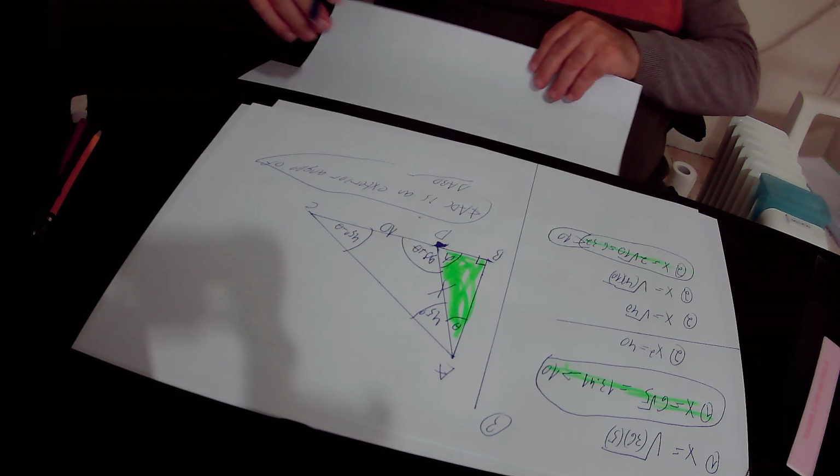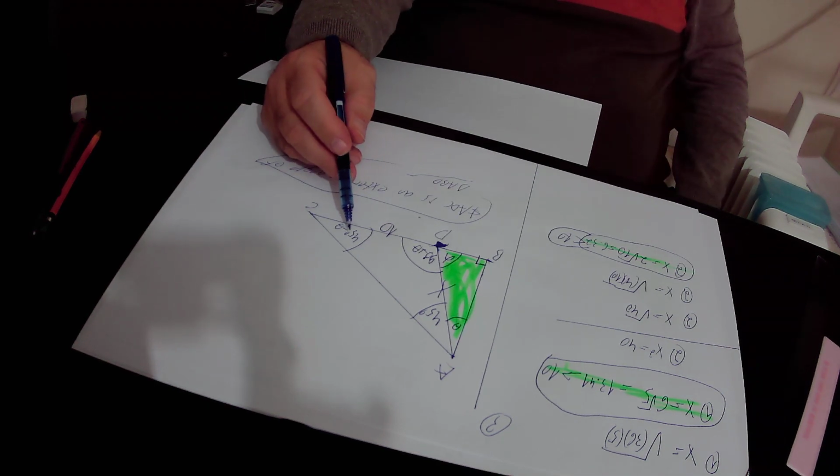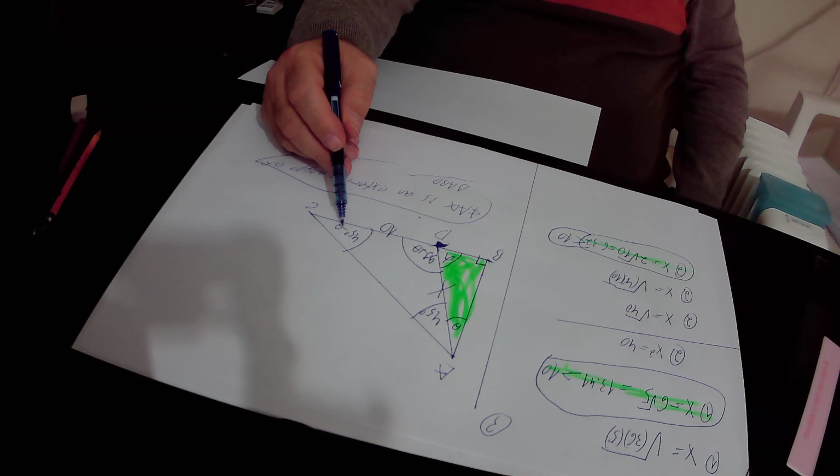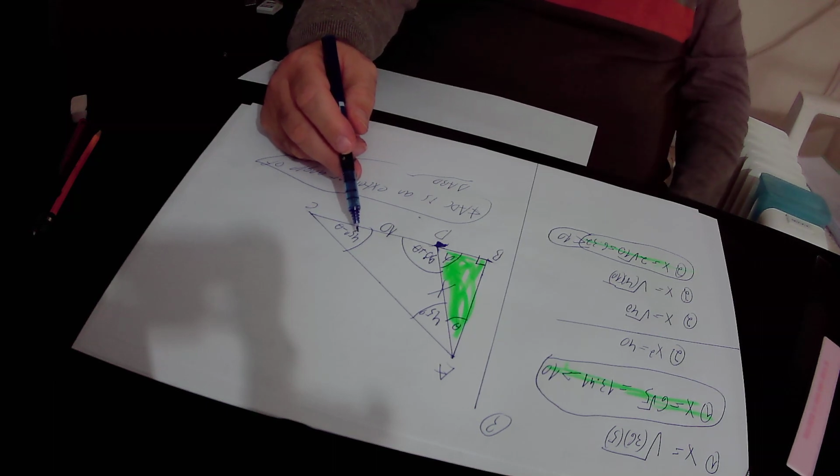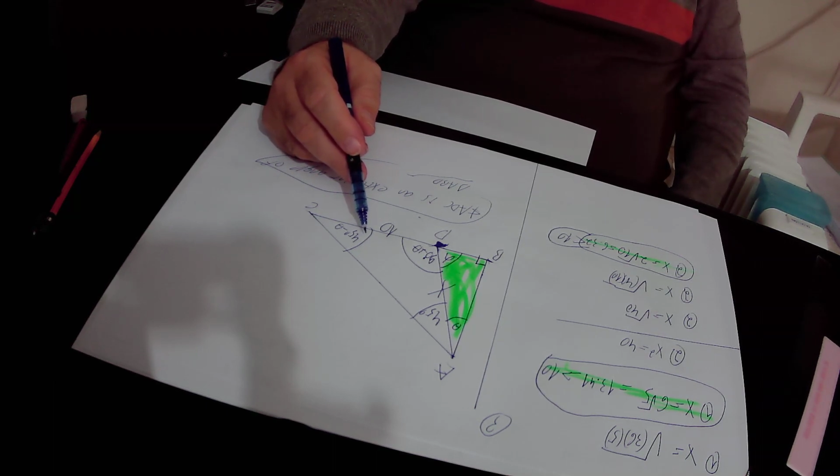So here we know that angle 45 degrees minus theta is the smallest angle in triangle ADC. Therefore, according to rule number 2, it is in front of the shortest side.